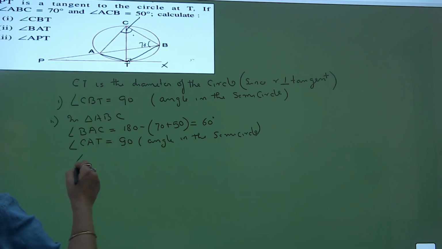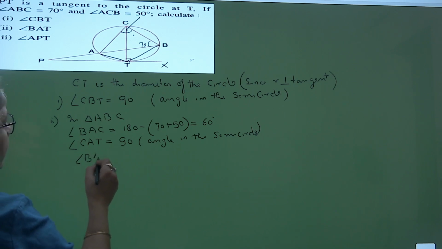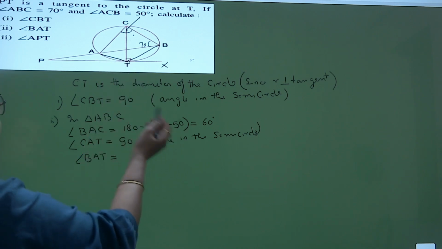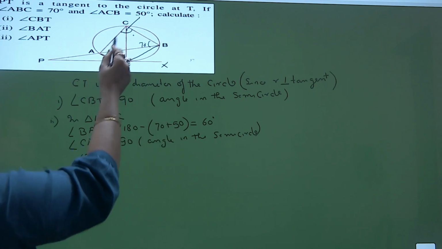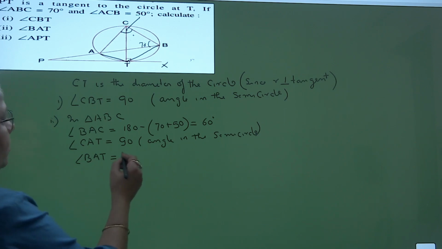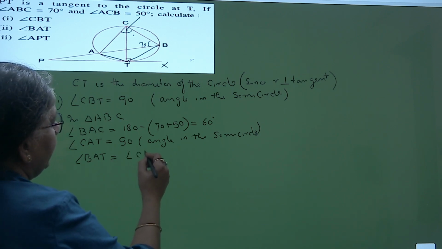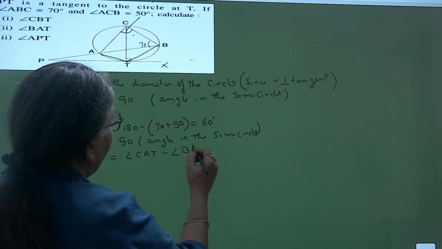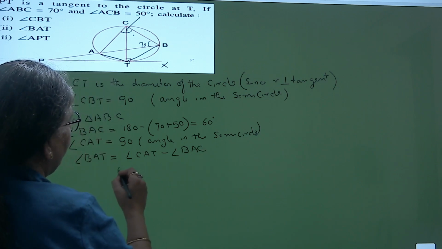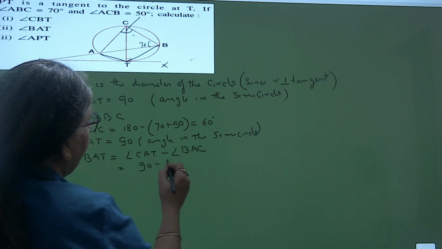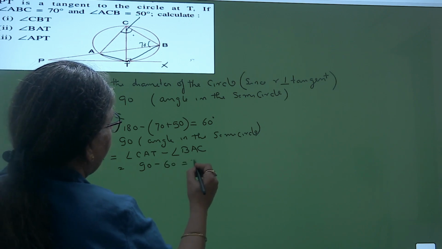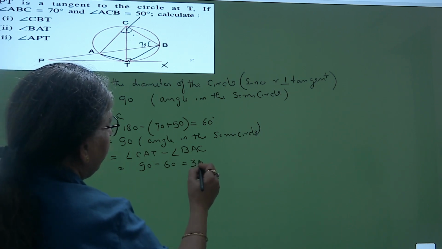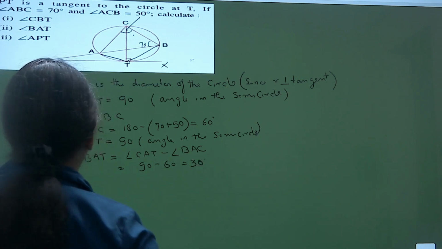Angle BAT is equal to, see, this is 60 and the whole of this CAT is 90. So we can write angle CAT minus angle BAC. So what you get, 90 minus 60, that is 30 degrees. So the second part is also solved. You get 30 degrees.